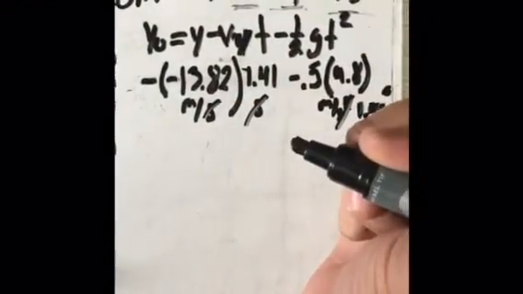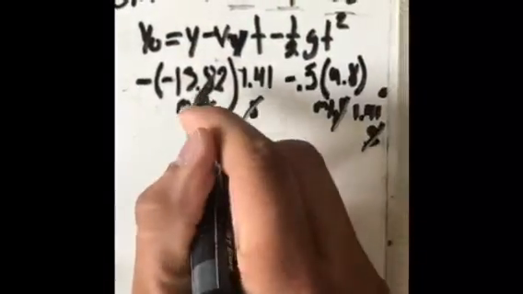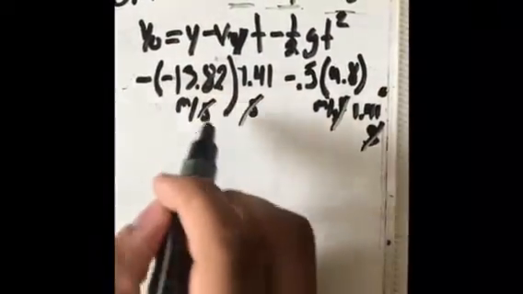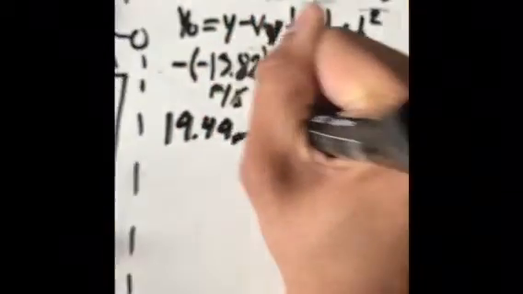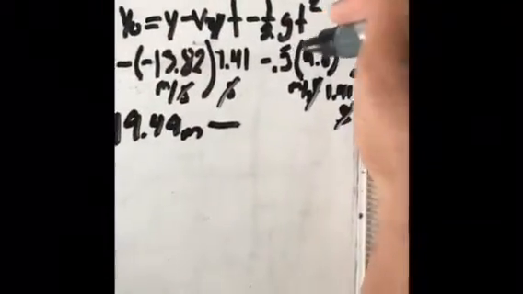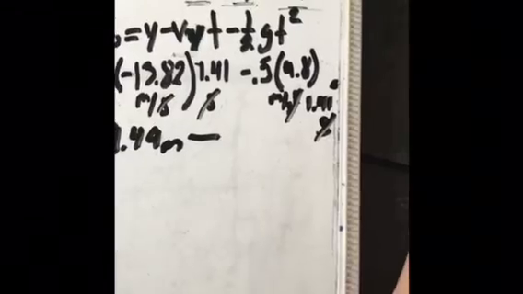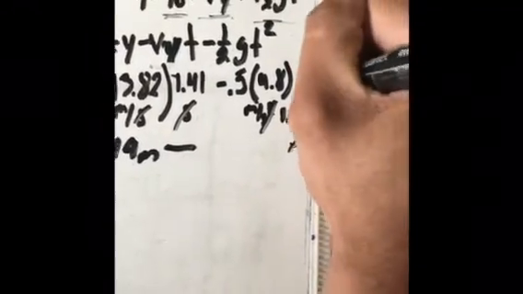Multiplying these two, we'll get a negative number, but a negative times a negative gives a positive, and we'll end up getting 19.49 meters minus 0.5 times 9.8 times 1.41 squared.